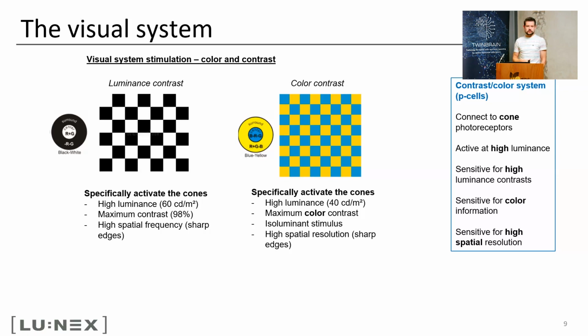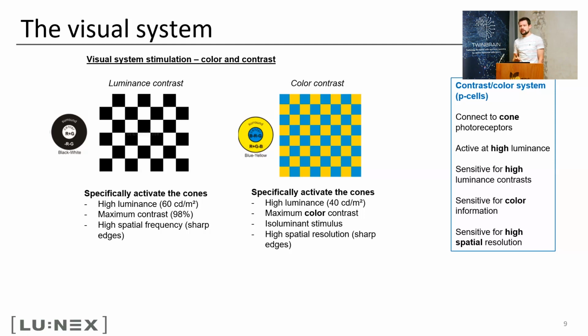Depending on the screen that you are using, the luminance could be even higher. We have a very high contrast. The contrast that you can achieve, for example, with a CRT screen is around 98%, which is quite good. With OLED screens, it could be even higher. And we have a very high spatial frequency, because we have these sharp edges between white and black. Considering that, we are basically fulfilling all the criteria on the right. So what makes the P cells get active?